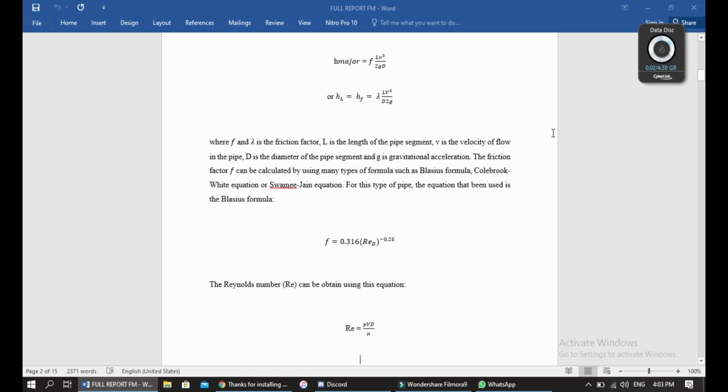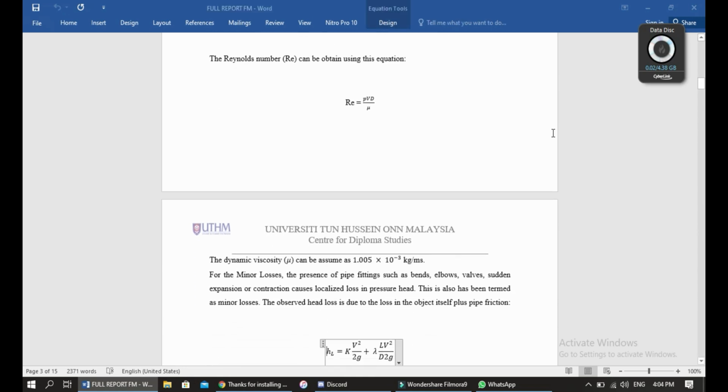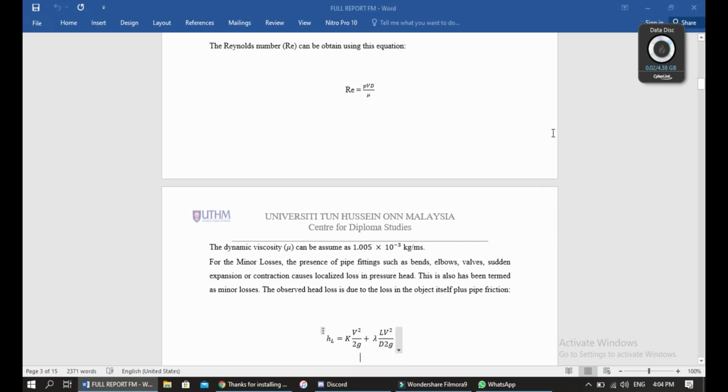The Reynolds number can be obtained by using this equation, Re equal to rho V d over mu. The mu is the dynamic viscosity that can be assumed as 1.005 times 10 to the power of negative 3 kg/m·s. That's all for major losses.